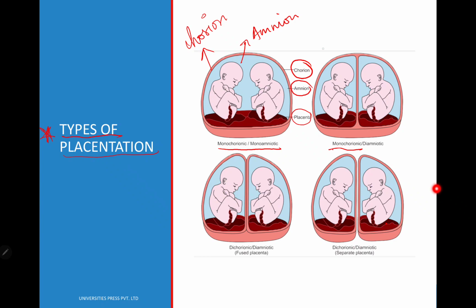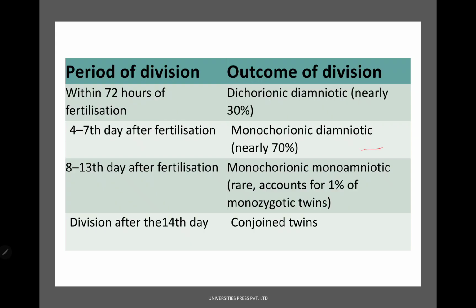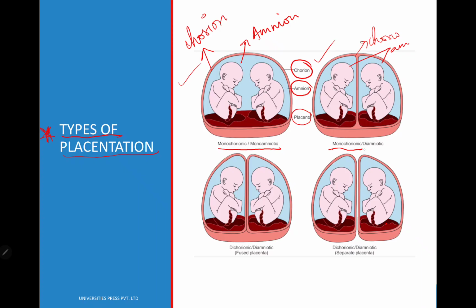In the second figure, if you look at this, guys, this is one chorion, but there are two amnion. So it is monochorionic, diamniotic. Now coming to figure number 3. There are two chorions as well as two amnions. So it is dichorionic diamniotic, and the placenta is going to be a fused placenta.